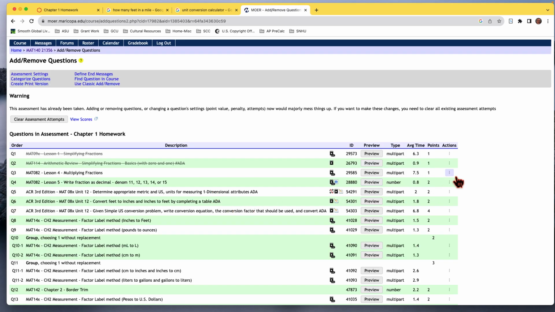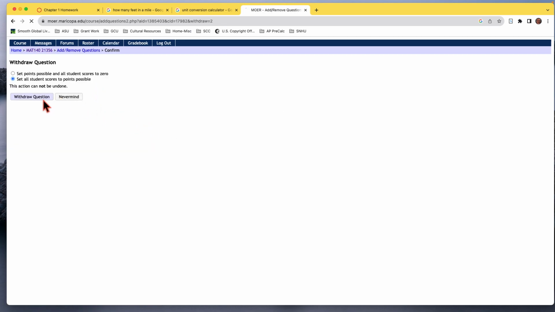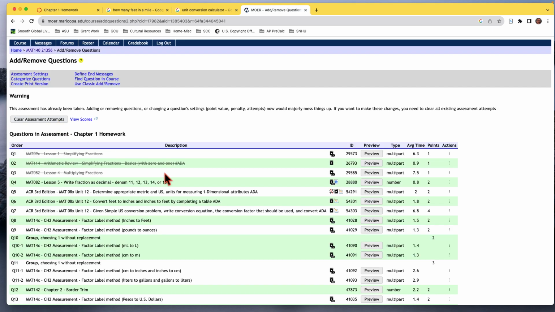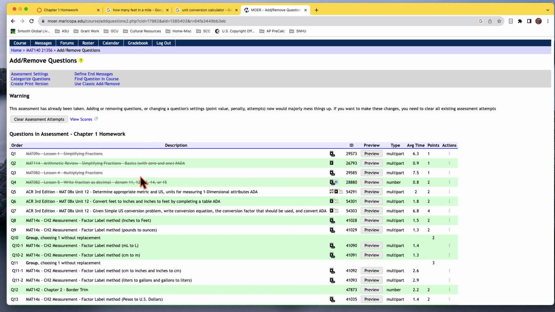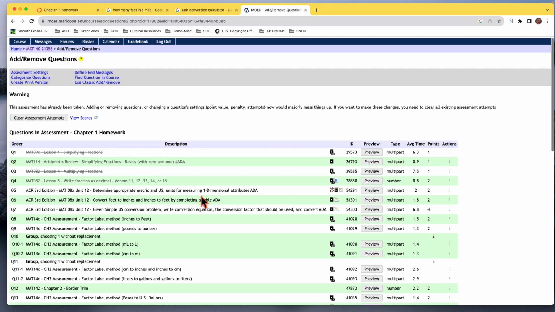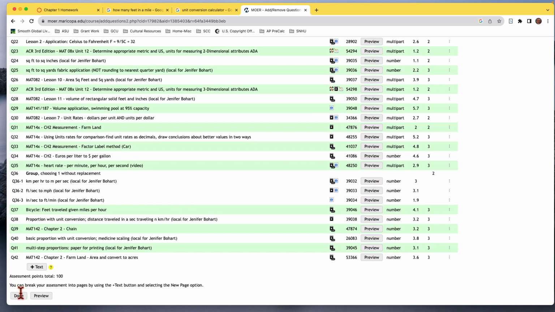You're going to get enough practice with fractions as we go through things, so I'm just going to take it off. So those are done, and then we're into the unit conversions. So let me save that.